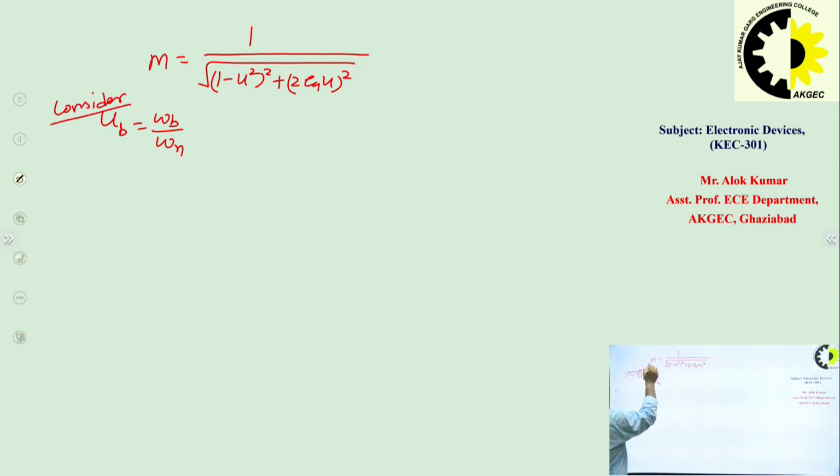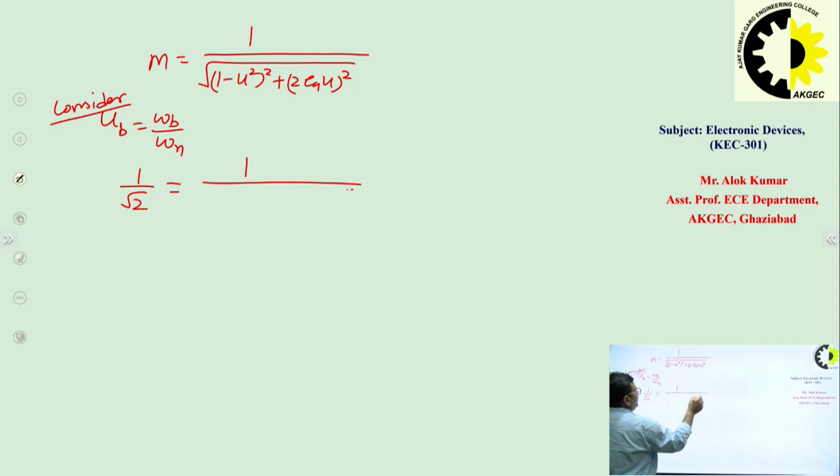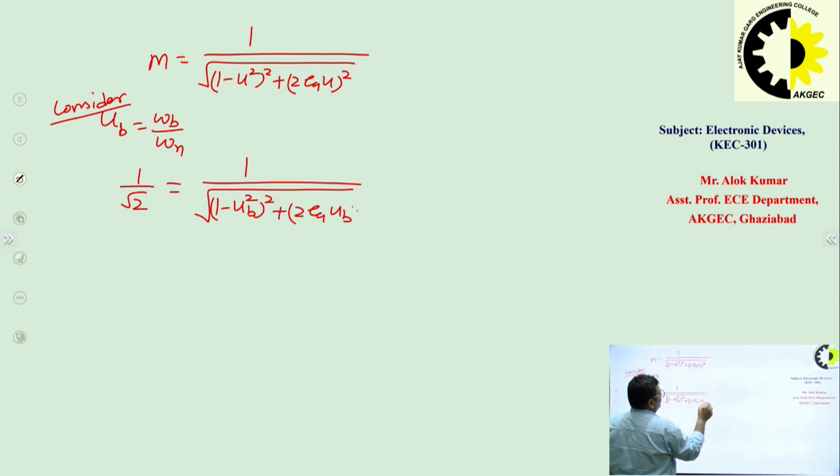So this magnitude will be 1 by under root 2 at u equal to ub. So I can write (1 minus ub square) whole square plus (2 zeta ub) whole square. This magnitude will be 1 by under root 2.